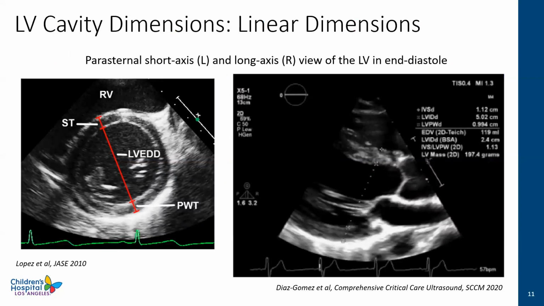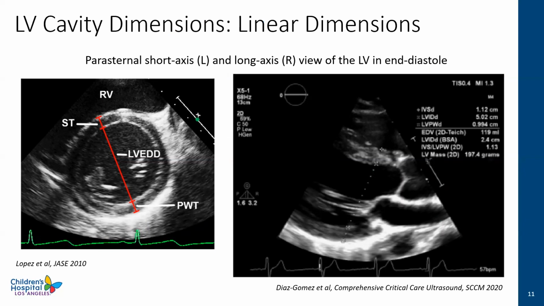I would say that LV cavity is probably the most commonly measured structure in cardiac POCUS, though. So I did want to just really quickly go over how we do this and how it's different in adults. The image on the left is your parasternal short axis.